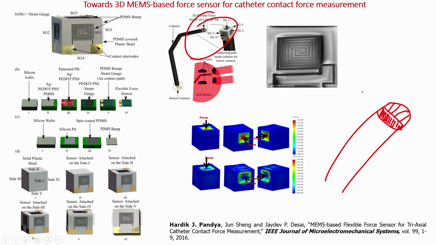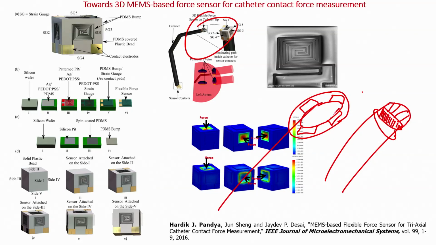However, the idea was to understand how the force sensor is performing, to evaluate the performance of the force sensor. But if I want to have a force sensor, what I will do is I will make a sleeve along this catheter and will make the force sensor. So, what I am saying is I will make a sleeve like this, and along the sleeve I will have my force sensors, and here the catheter will sit.